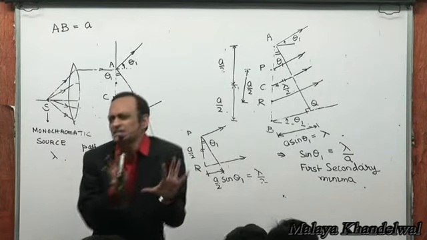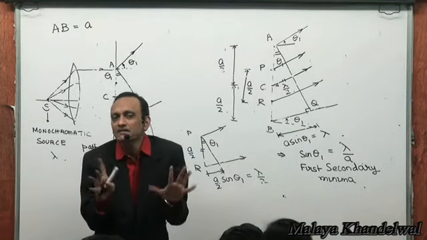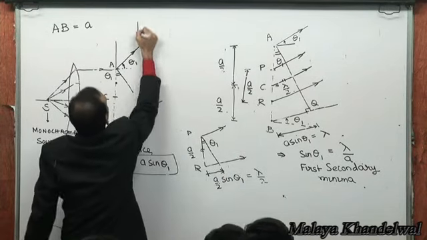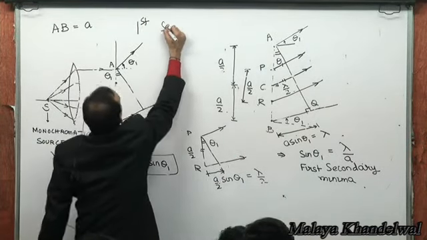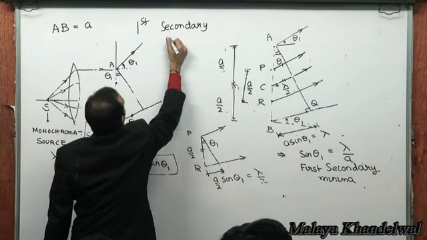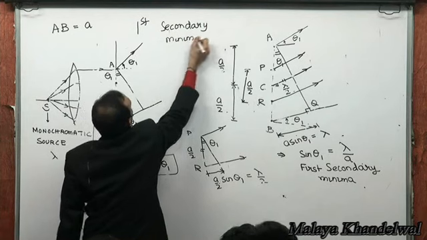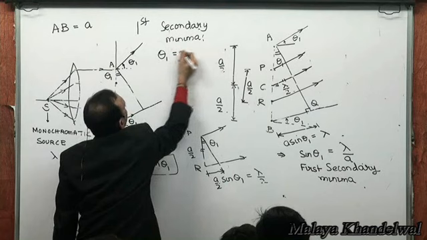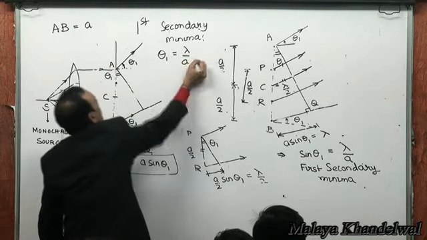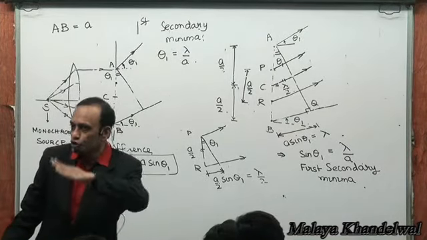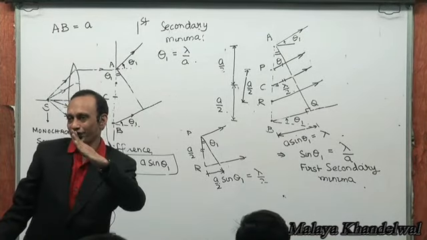And since theta 1 is small, sine theta 1 can be replaced by theta 1. That means the first secondary minima is produced for theta equal to theta 1 equal to lambda by a, where theta 1 is the departure from the original direction, the angle of diffraction.